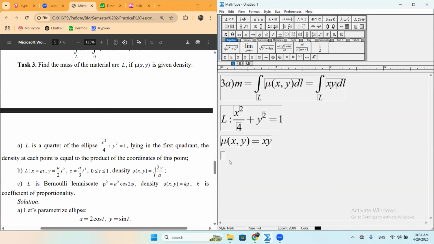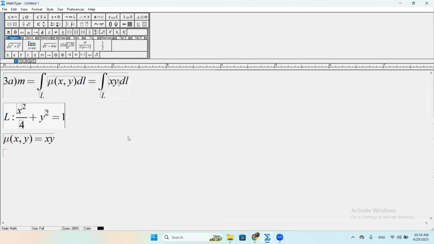And I suggest to parameterize this curve. It can be given in parametric form. So x is equal to cosine of t, and y is equal to sine of t.